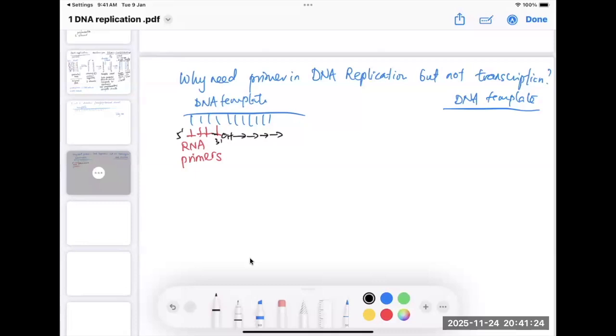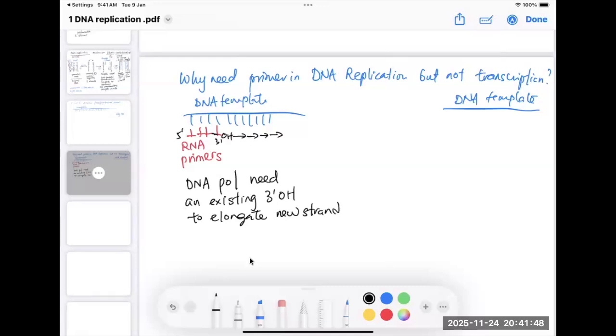Why? Because your DNA pol needs an existing 3' OH to elongate. This is replication, yes, the new strand. You use DNA pol. But if this is a DNA template and you are using RNA pol, it does not need that.